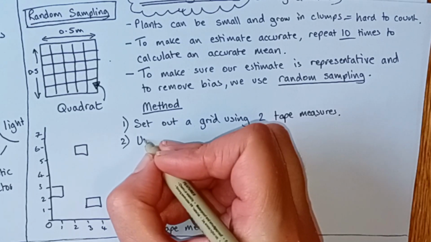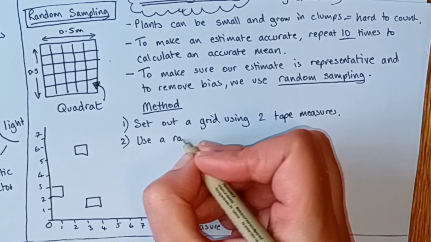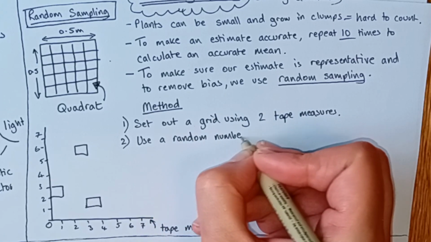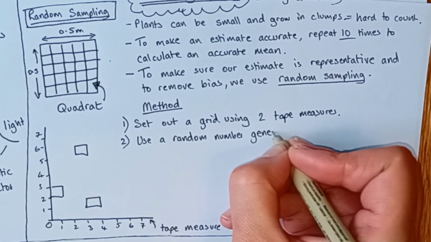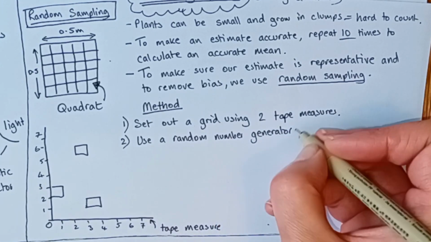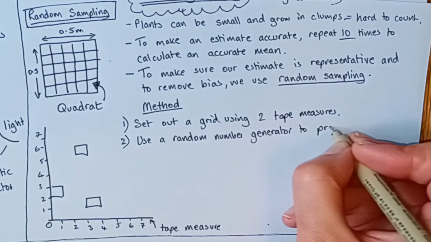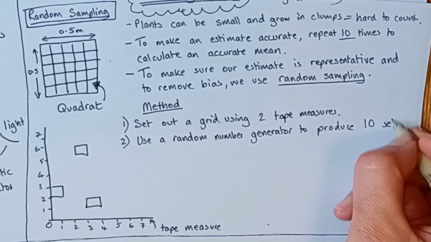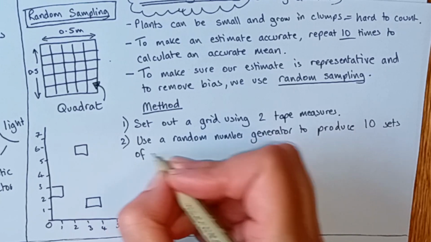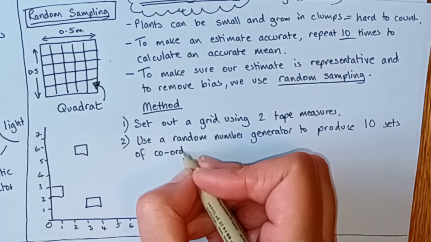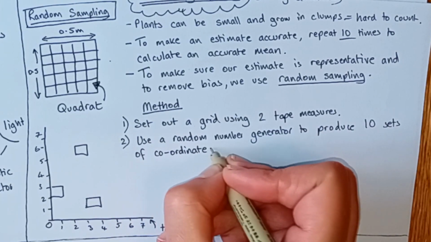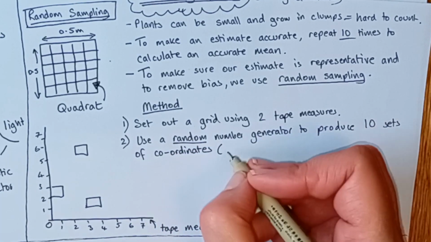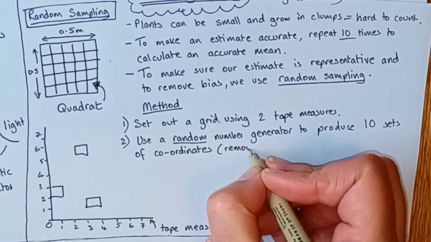So use a random number generator to produce 10 sets of coordinates. The key is random. And the reason we're doing that, remember, is to remove bias.